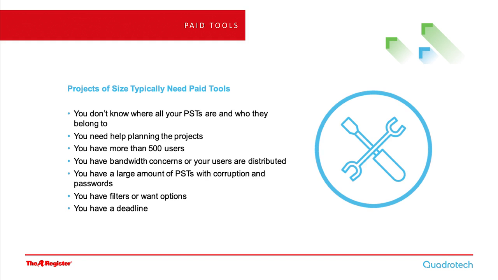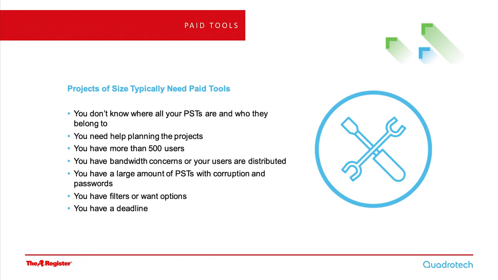So the paid tools really have an advantage of being able to go out, locate where all the files are, whether they're on desktops or on network locations, and find who they belong to, which is really a problem because most of them are called archive.pst, not tim.archive.pst or whatever it may be. So identifying who they belong to is really quite a challenge, particularly with 20 years plus of this mess. So it's hard to identify.